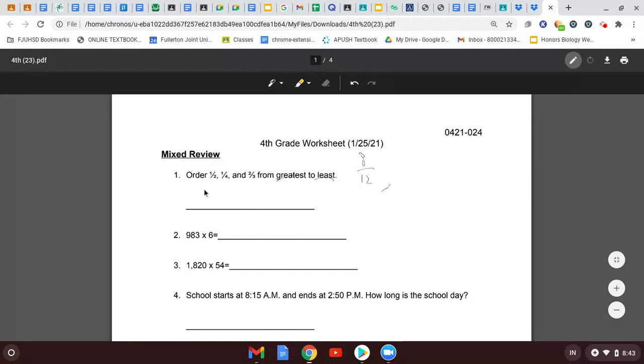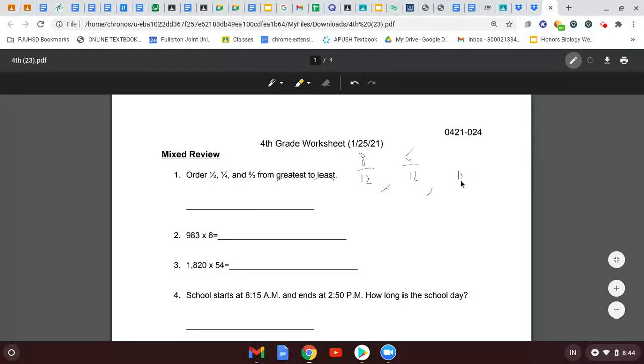And then 1/2, right? 1/2 can be multiplied into 12 by 6. So we multiply 2 by 6 and 1 by 6, which is 6/12. And then we have 1/4, and 4 can be made into 12 by multiplying by 3.